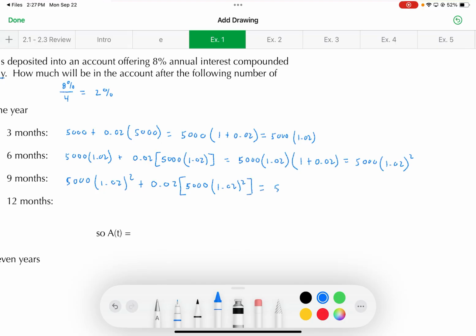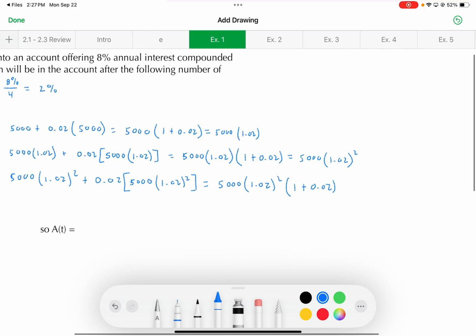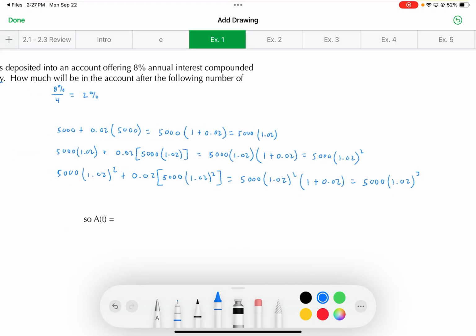So I can now factor out 5,000 times 1.02 squared. And that would leave me with 1 plus 0.02. So this is 5,000 times 1.02 cubed. And I can continue this process, right?